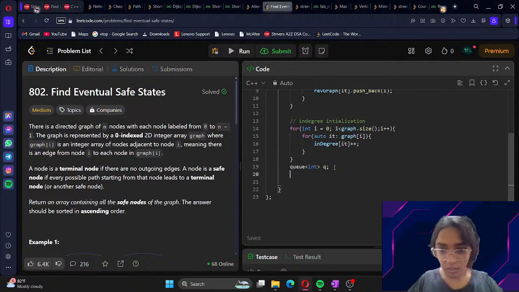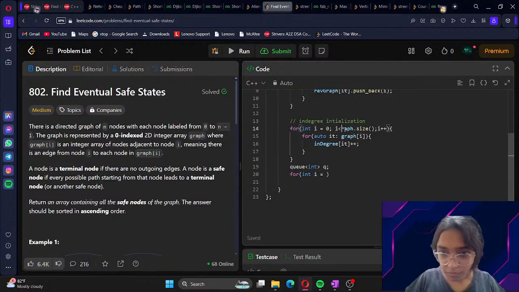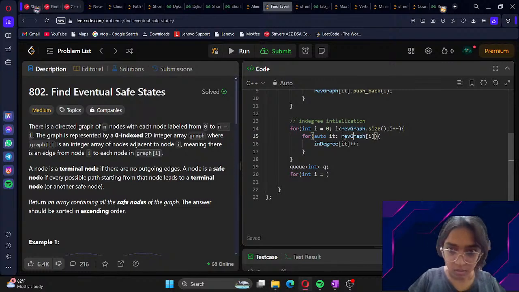And now after initializing the queue, what we want to do is insert all, wait, the reverse graph. Okay, this should work.